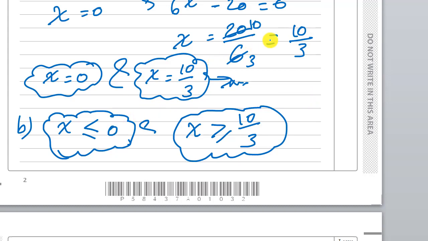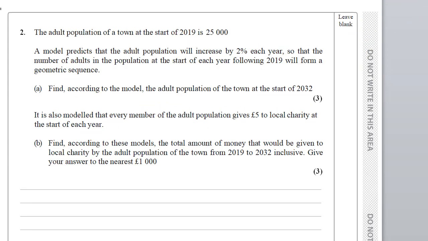Okay, let us go ahead to another question. The adult population of a town at the start of 2019 is 225,000.